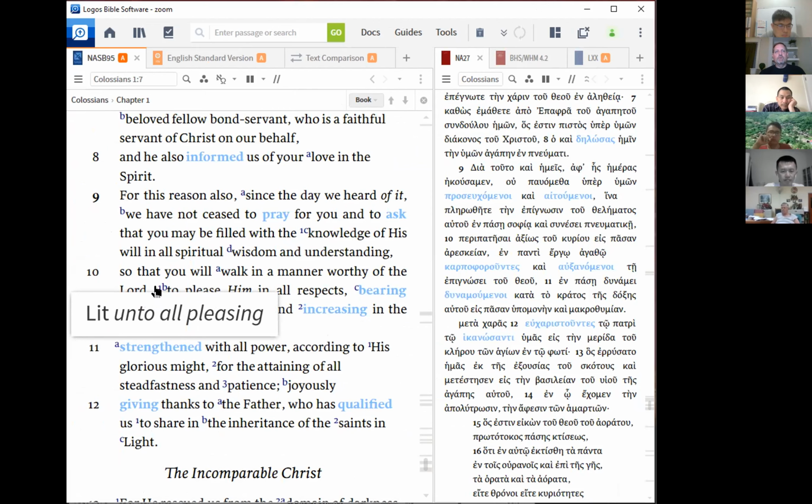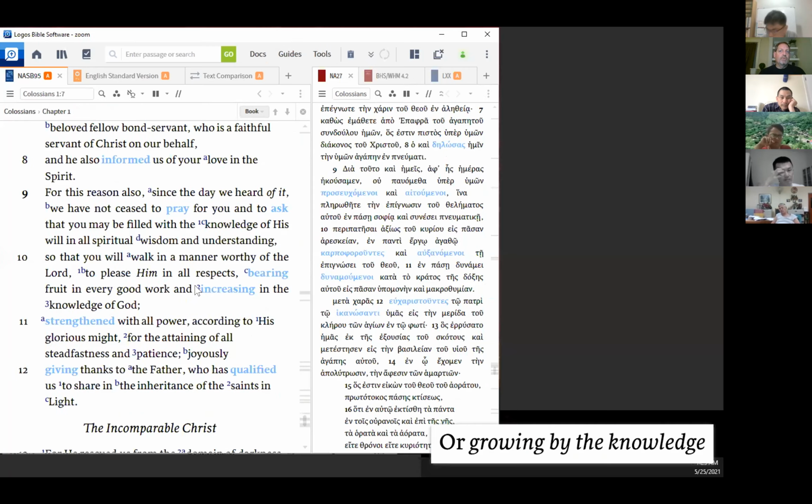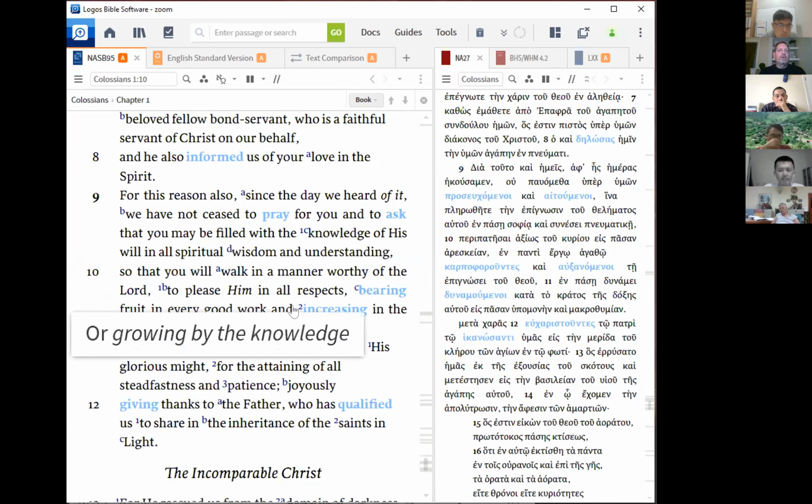Okay, so let's see what they do with increasing. Or they'll sometimes give an alternate translation. Okay, and they'll put that in here by, notice the word "or." All right. So sometimes they'll say, if you see an LIT in the footnote, that means literally it's this statement. All right. Or sometimes they'll put the word "or" and then give you an alternate translation.